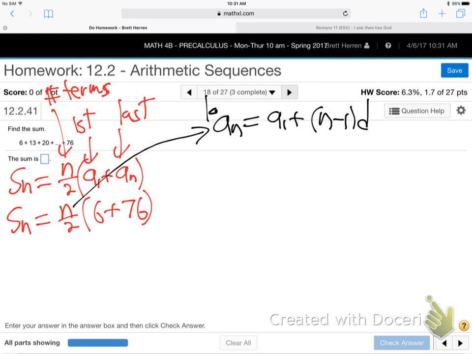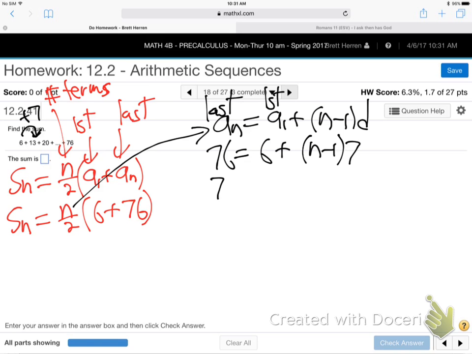An, again, remember that's last term, first term. So last term being 76, first term being 6. And the difference from term to term, what's the D? The jump from term to term. It's going up by 7 every time, isn't it? Distribute that.